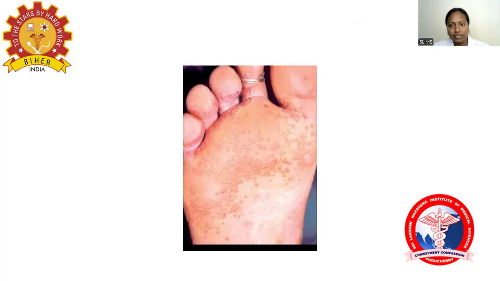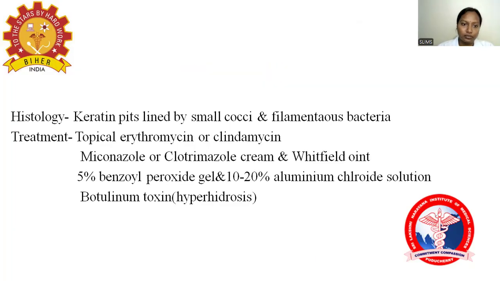The first thing you have to treat is to reduce the sweating on the sole, that is hyperhidrosis. How will you reduce the sweating on the sole? By giving aluminum chloride solution and modifying footwear; they have to avoid shoes till it gets healed. Then they have to wash their feet frequently and apply topical antibacterial agents, and antifungals also you can try. Orally you can give erythromycin.